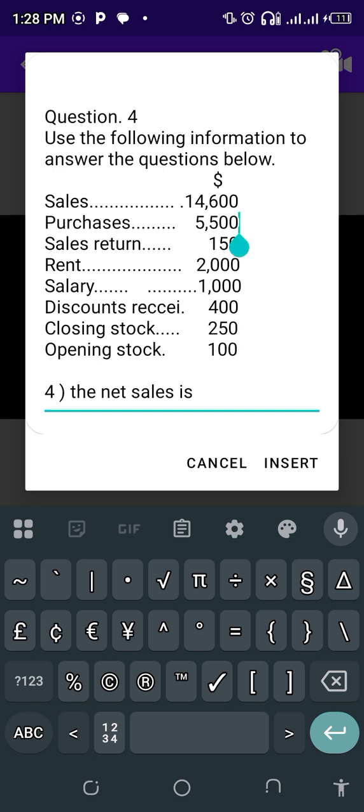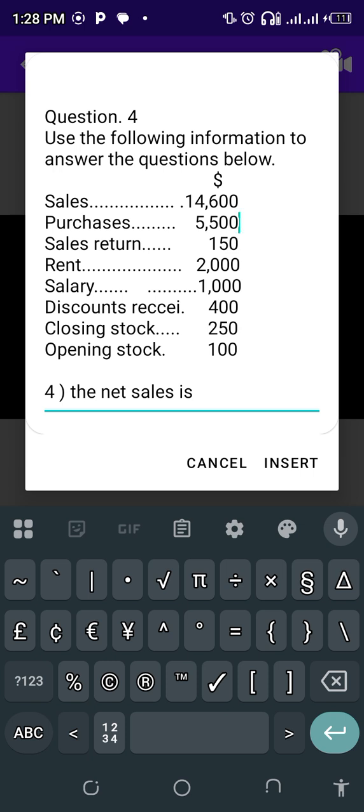The formula for calculating the cost of goods sold is opening stock add purchase less closing stock.